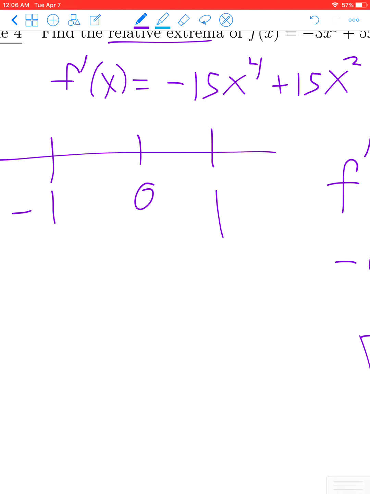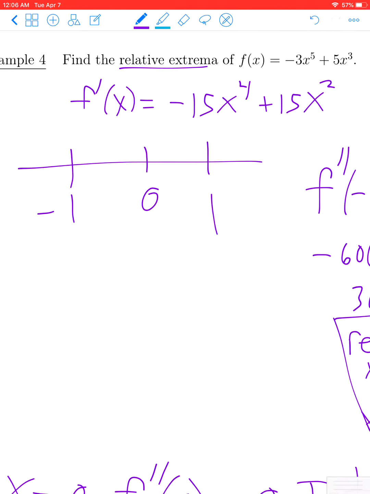And we need to see what is the sign of the derivative on either side of 0. Even though I have 4 regions here, I'm not going to do the complete sign test. I just need to see the sign on either side of 0. So I need to know the sign of f prime in region 2 and region 3.